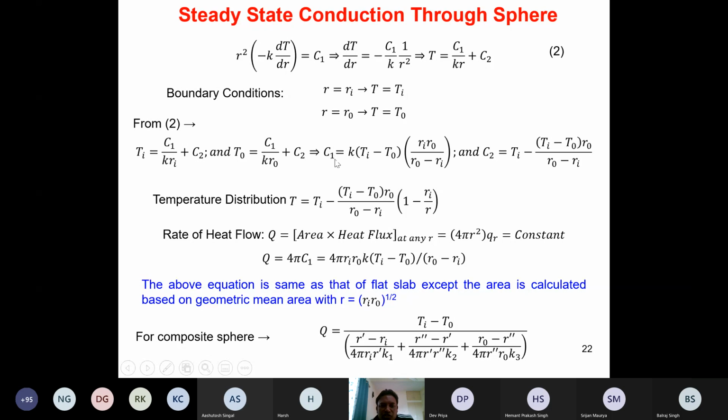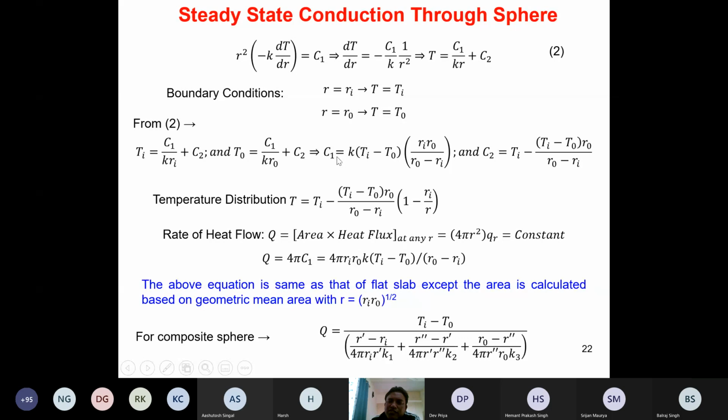And similarly, if we put C1 in this equation, we can obtain C2, and C2 is obtained as Ti minus (Ti minus T0) R0 divided by (R0 minus Ri). Just check whether these C1 and C2 are correct. Is it correct? Yes, sir. Okay, thank you.